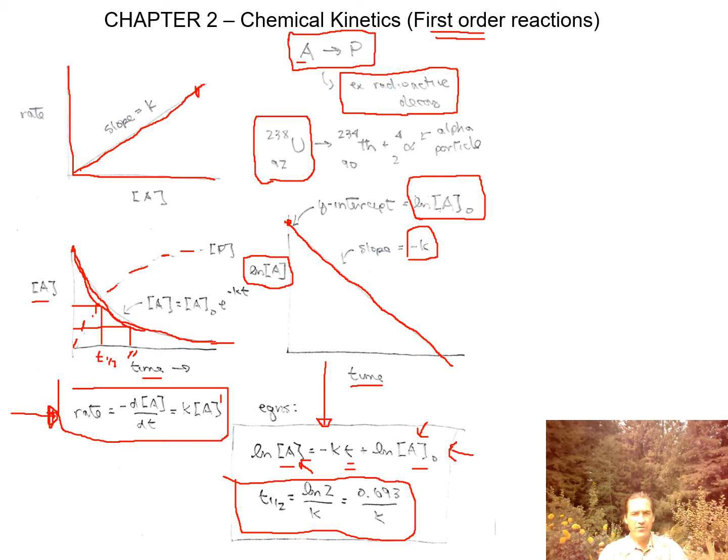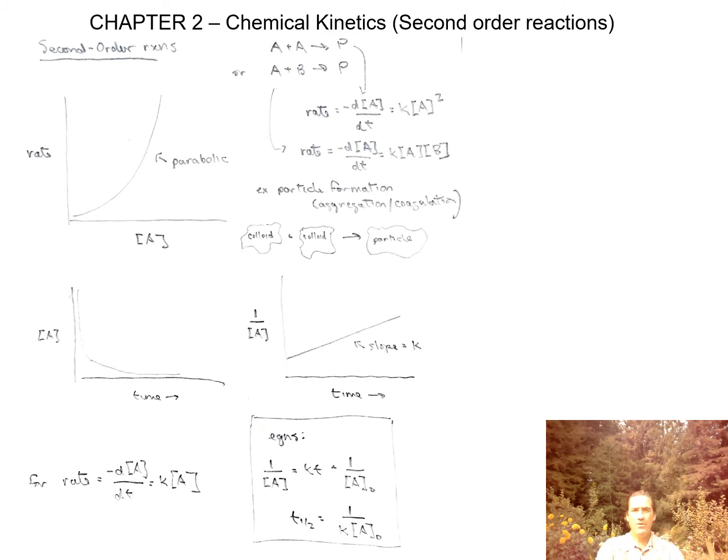It's equal to the natural log of 2 over k. The number for natural log of 2, if you put in your calculator, you get 0.693. And so you'll see both of these forms used often, and they're the same. So we're going to use this equation later on, and we'll use this equation later on. And again, they're only used for first order.